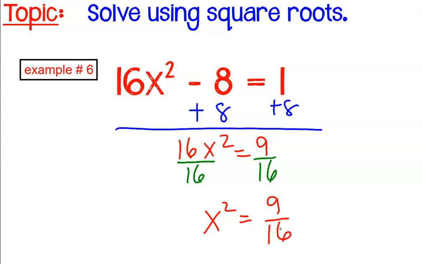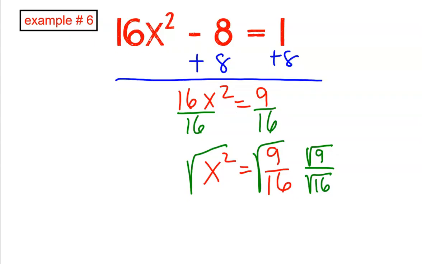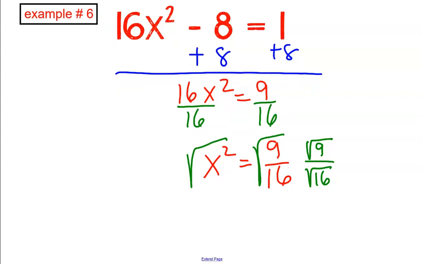I just want to leave it in fraction form because you'll notice here that when you square root a fraction, it's the same as square rooting the numerator and square rooting the denominator. And that's actually not so bad. This problem's not so bad because 9 and 16 are perfect squares. So that means that my answer will be either positive or negative 3/4.